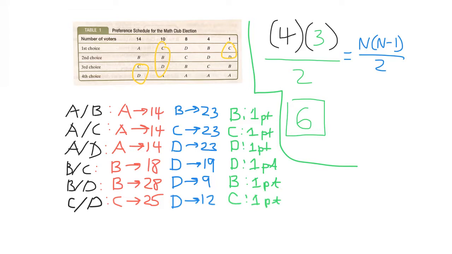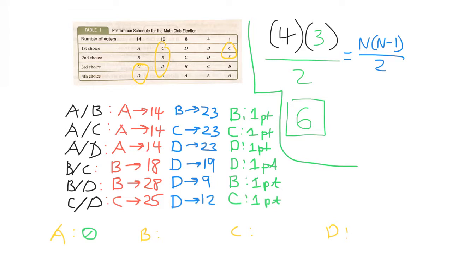Okay, so at this point, what you want to do is analyze how many points each candidate ended up getting at the end of the day. So how many points did A get? Well, honestly, A got no points. So A got his or her butt kicked.